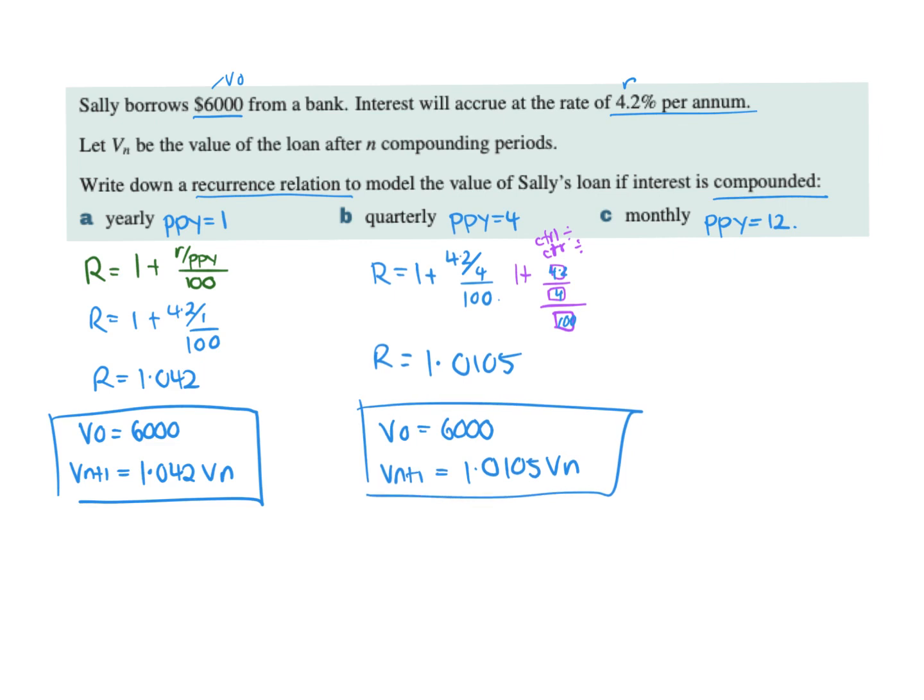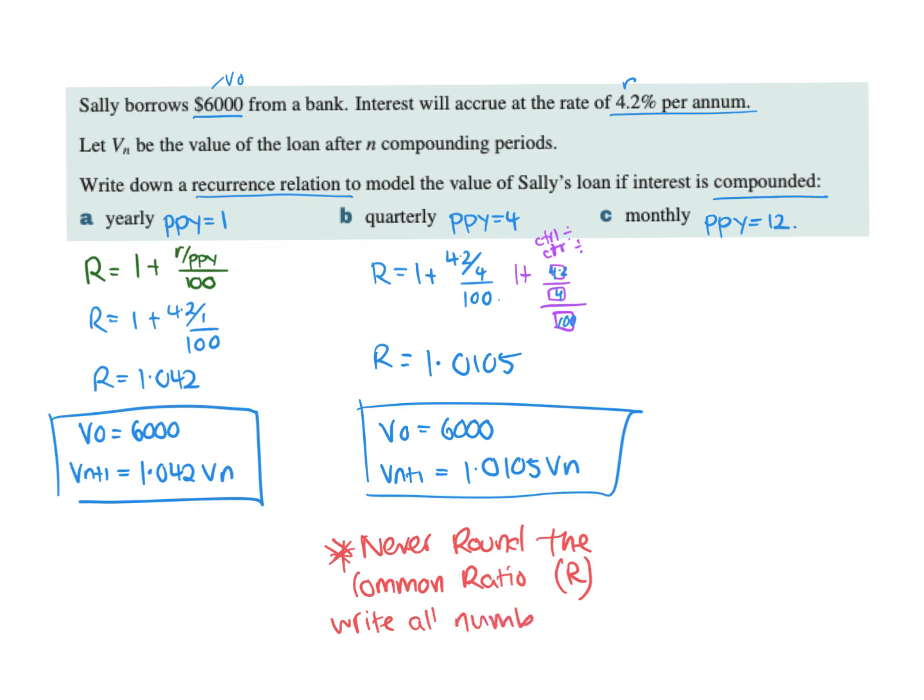So just another thing to take note, just to make a reminder that you never round the common ratio, that capital R. You write every number there. So once you work it out, you can see that's actually 4 decimal places, write all numbers. You need to write them all out. Okay, so it doesn't matter how many there is, just write them all out.